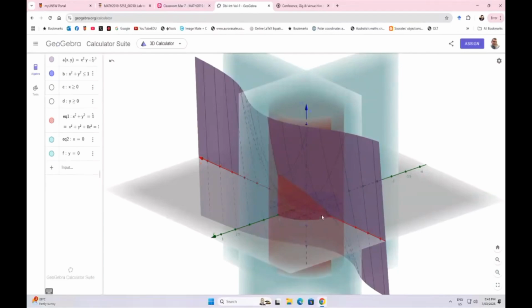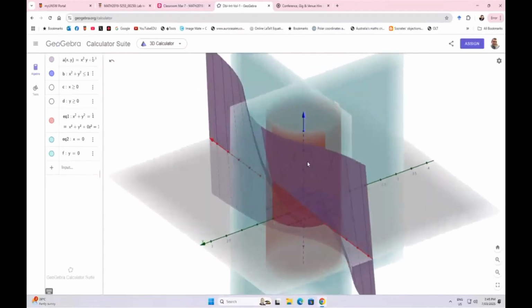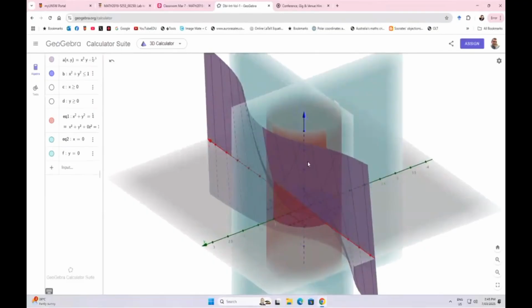So what is the volume above the quarter disk but below the purple surface? And think about it, are we integrating over a rectangle here? No. We're not, it's sort of a quarter disk. So if it was a rectangle, we'd have two parallel verticals and two parallel horizontals that smash into each other.